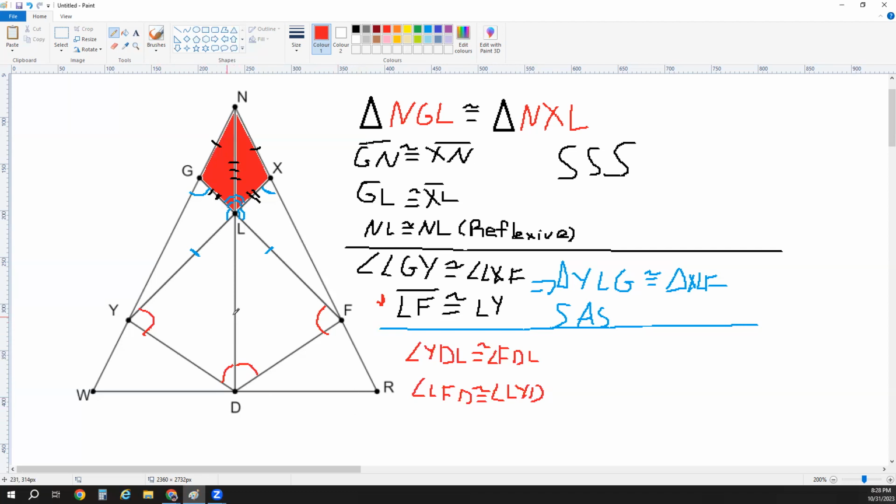What can we deduce because of that? If these two angles are congruent and the opposite side of that angle is congruent, we have an angle-side relationship. We can say that triangle DYL is congruent to triangle DFL.